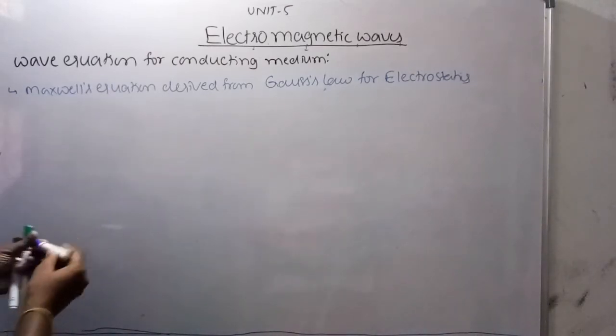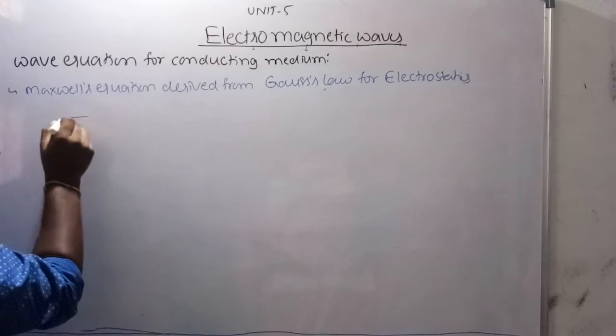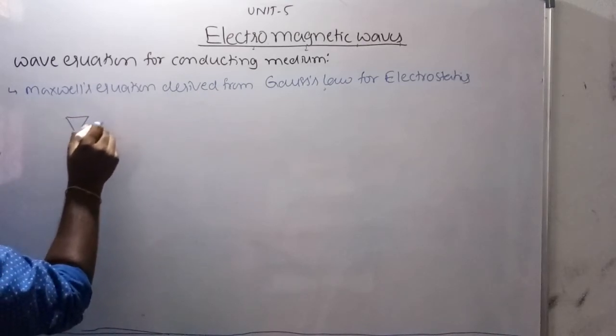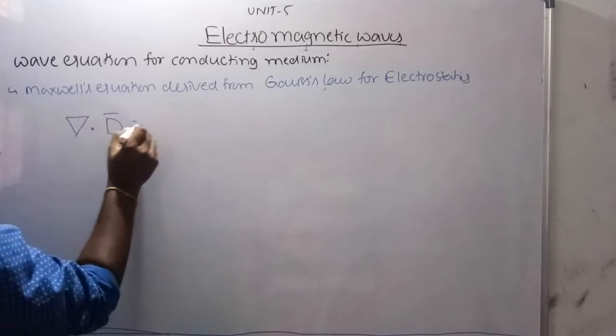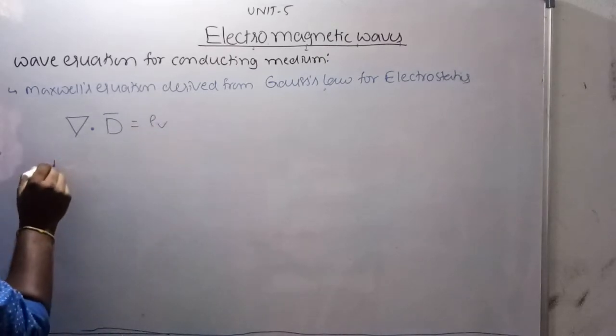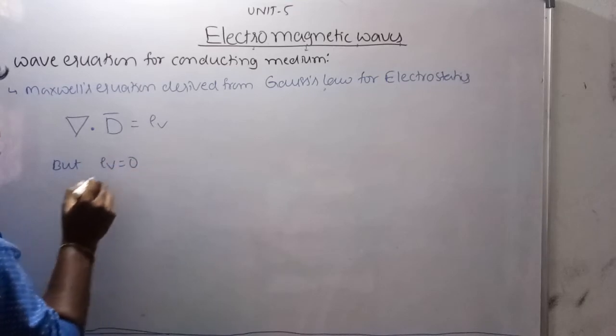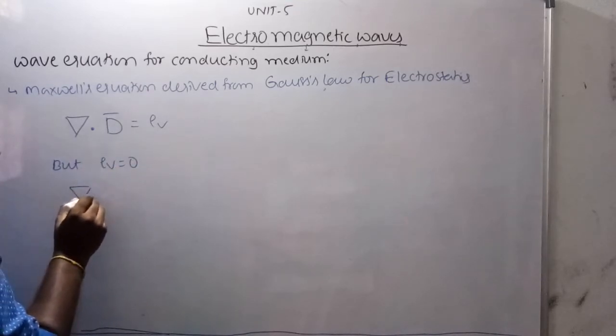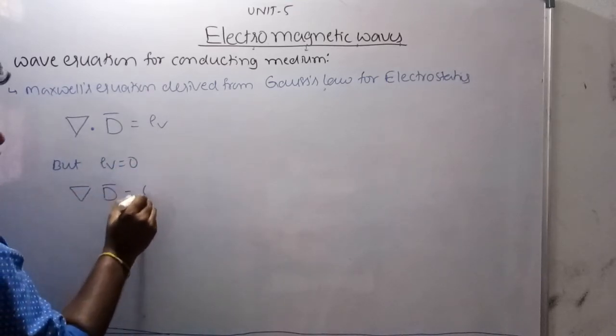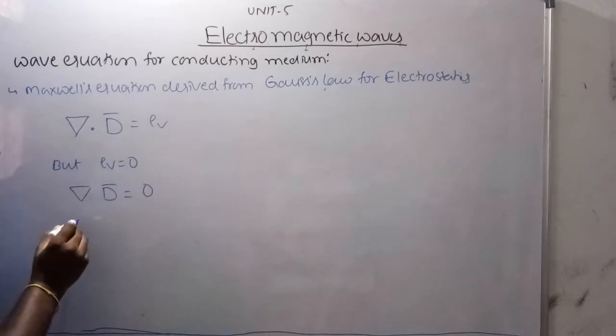It is del dot D bar equals rho v, but under the assumption that the volume charge density is equal to 0, it becomes del dot D bar equals 0.